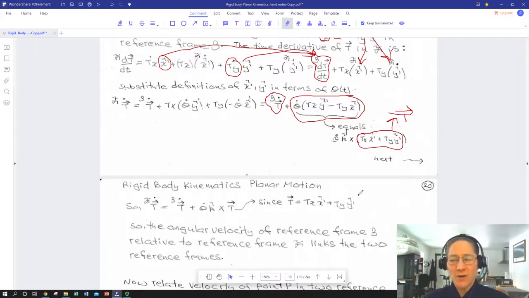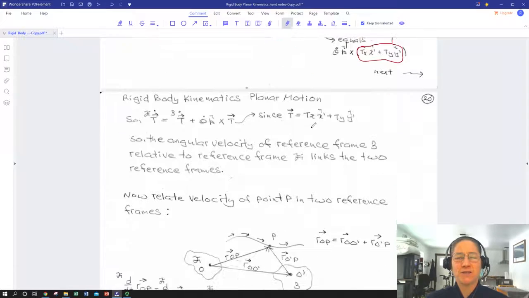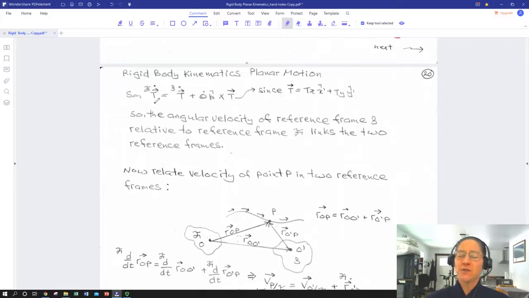This looks quite a bit like the velocity of one point on a rigid body if we know the rotational rate of that rigid body and then the length of a vector from one point to another point for which we know the velocity. This is really similar, and we've used a similar strategy for doing the derivation. But this time, rather than looking at 2 points in the same rigid body, we're using that same rationale to correlate what's happening with respect to one reference frame versus another.